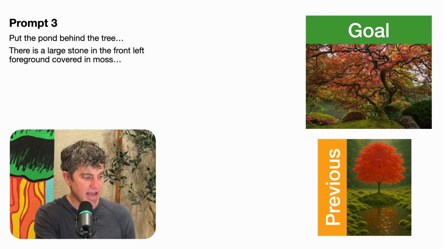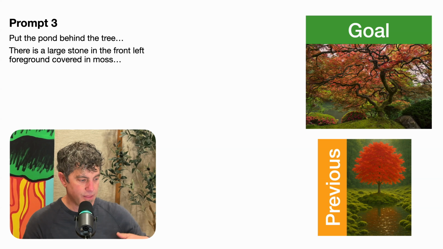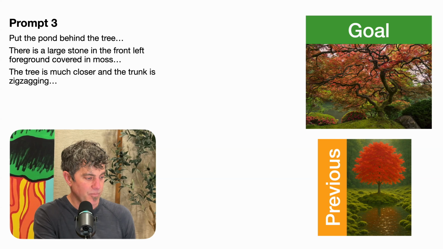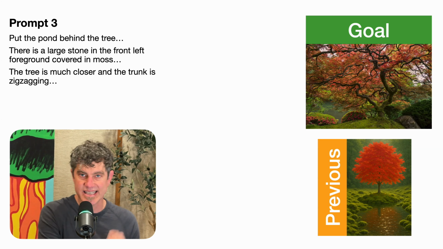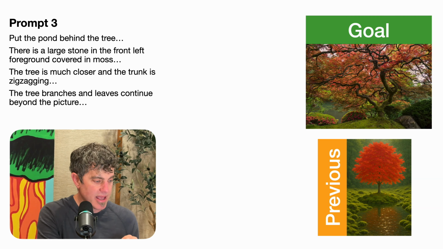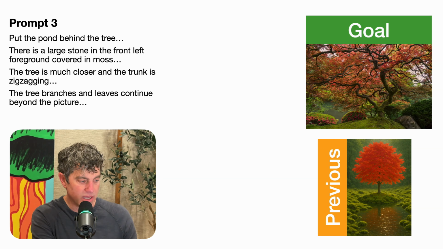The next student said, there's a large stone in the front left foreground covered in moss. I think I might have added the term foreground. I think they might have said in front of the tree or something like that. The third student said, the tree is much closer and the trunk is zigzagging. And then the fourth student said, the tree branches and leaves continue beyond the picture.